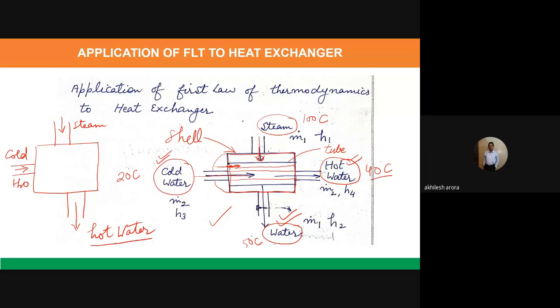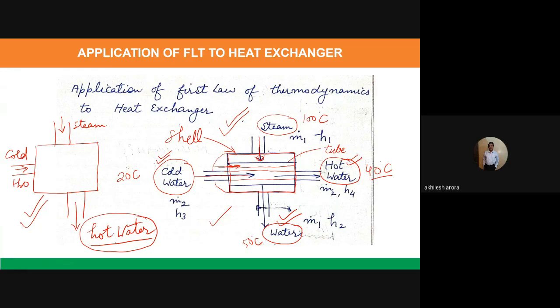So this is another type of heat exchanger. In the first type which I just explained, the two fluids do not mix into one another, whereas in this type, both fluids come into contact. Steam loses heat to the cold water and gets converted to hot water, the cold water also gets hot, and both together leave as hot water. Is it clear? That is basically a heat exchanger.